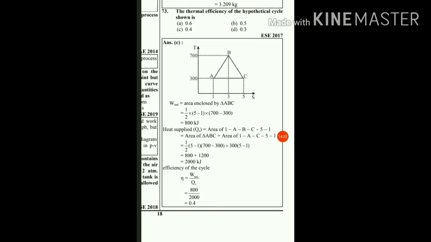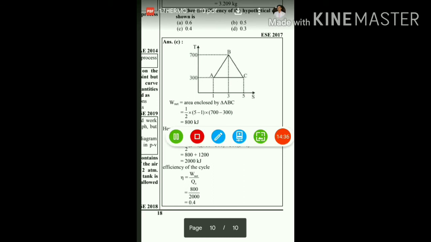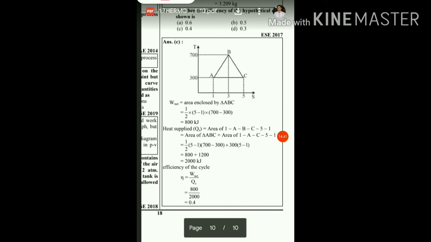Then next we have to find out the heat supplied. The formula again is the area under the curve, that is A1ABC51. So this will be the area under the curve, that is the heat supplied, which equals the sum of this area plus this area. We have already found this triangle area, which is 800 kilojoule.